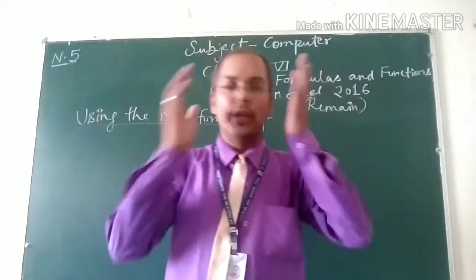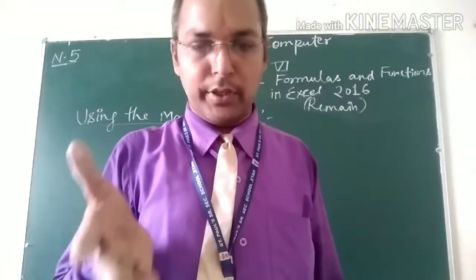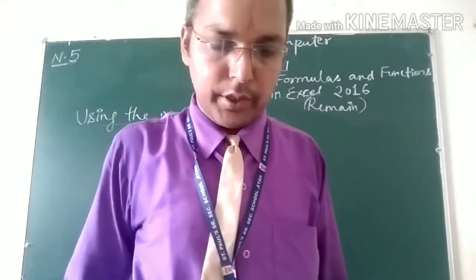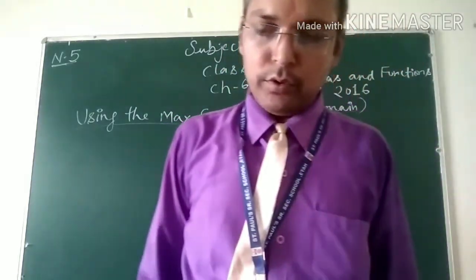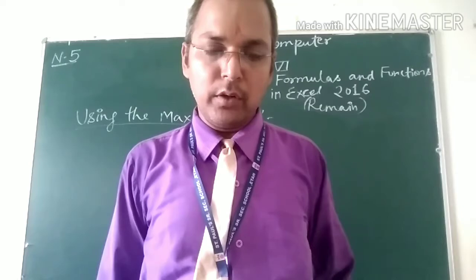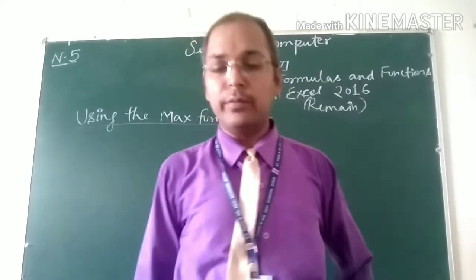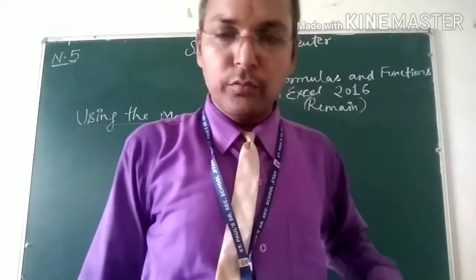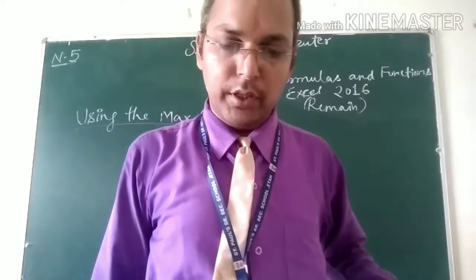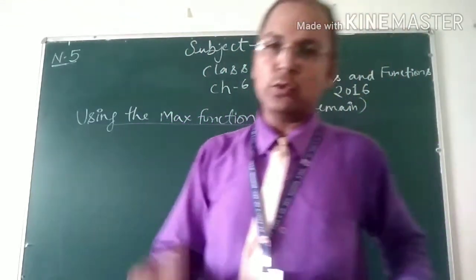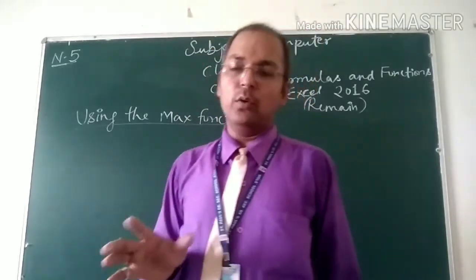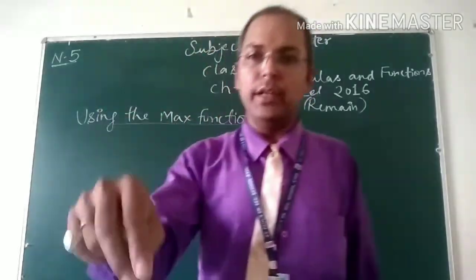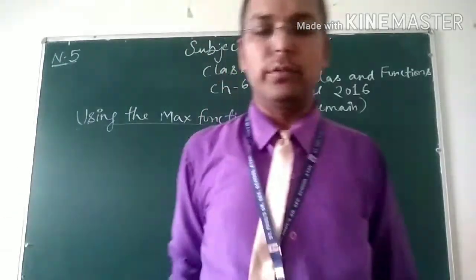I have already told you what a value is. Suppose, as an example, 200, 300, 500, 600, 200, 250. So the maximum value is 600. But in the final price the values are 180, 270, 540. There are so many values, but if you use the maximum formula, then the value here will be 550, because 550 is the maximum value.